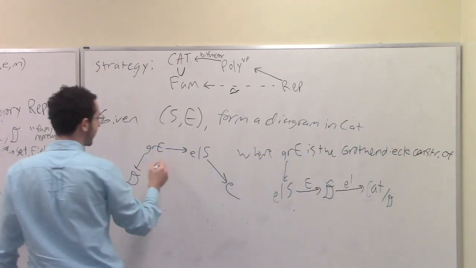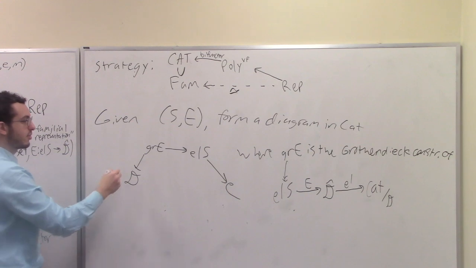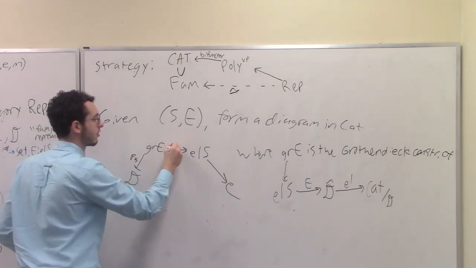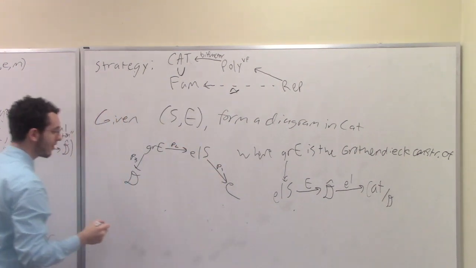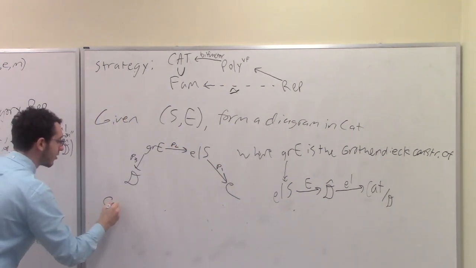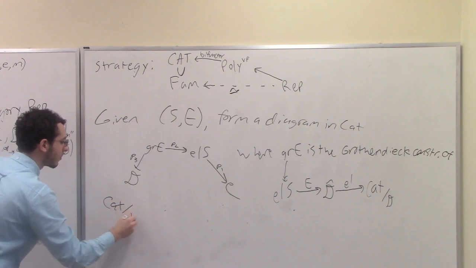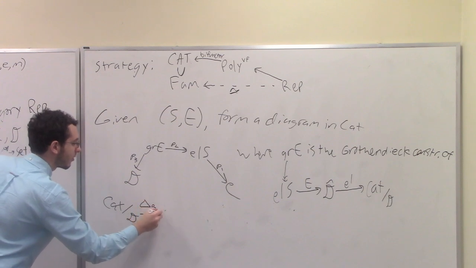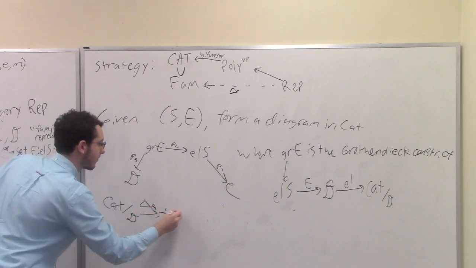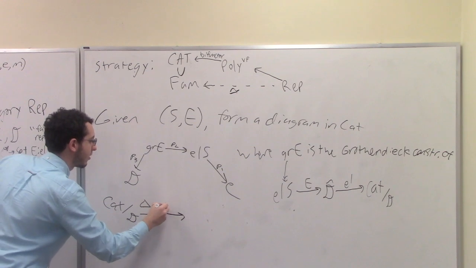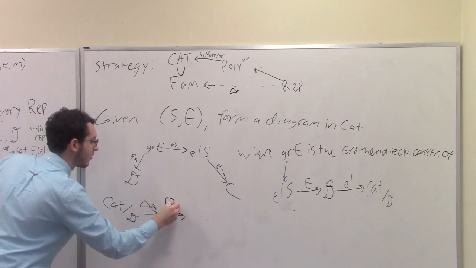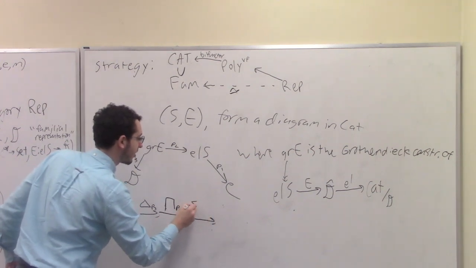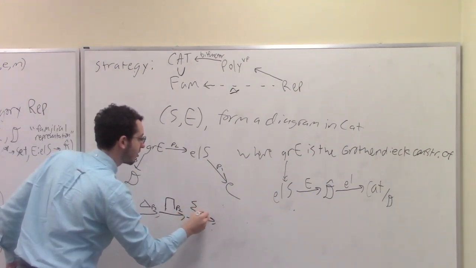We get this diagram here, and these can be used to give functors between categories by taking pullback followed by exponentiation followed by this sum.